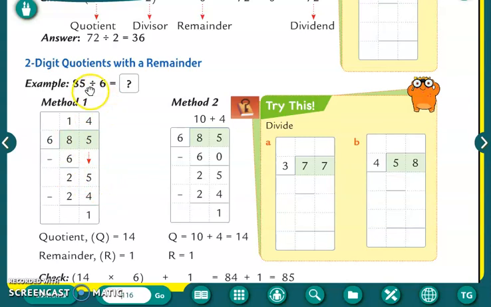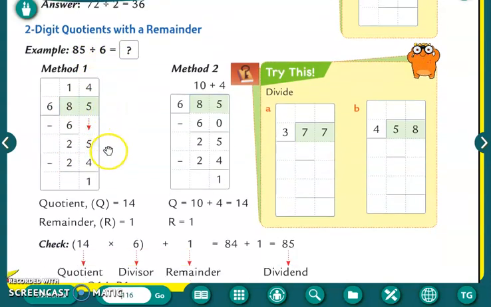Here it is written 85 divided by 6. Now 85 divided by 6 you have to write like this. We will start from the tens place. First of all 8 is there, so 6 ones are 6, 6 twos are 12. So 12 is bigger than 8. So first of all we will write 6 ones are 6.